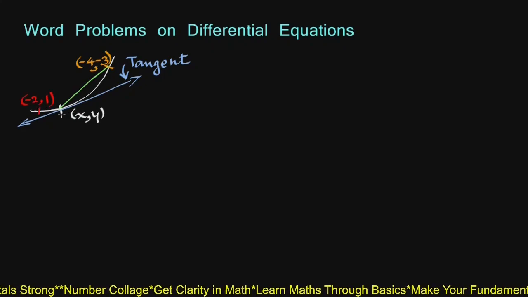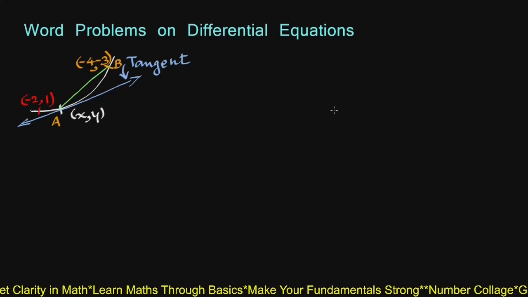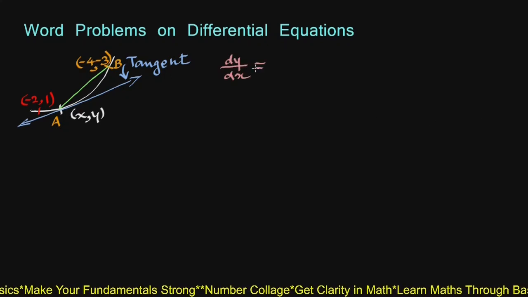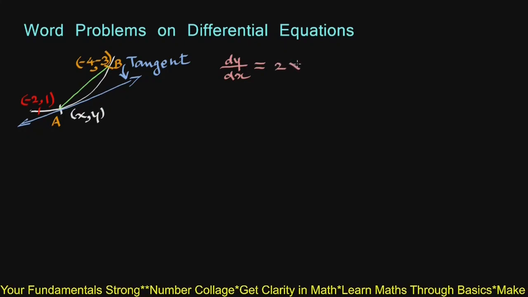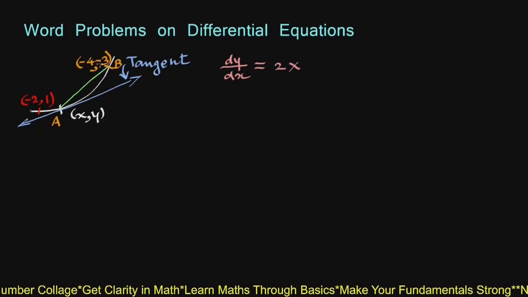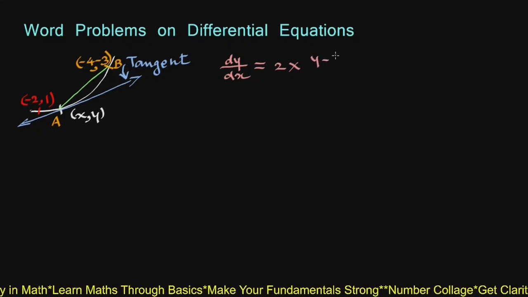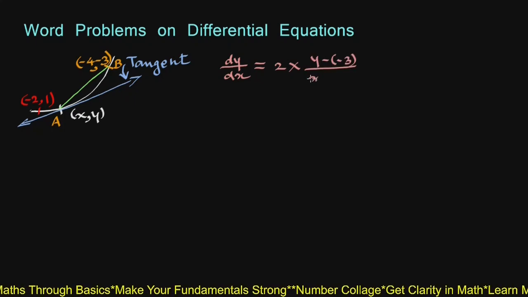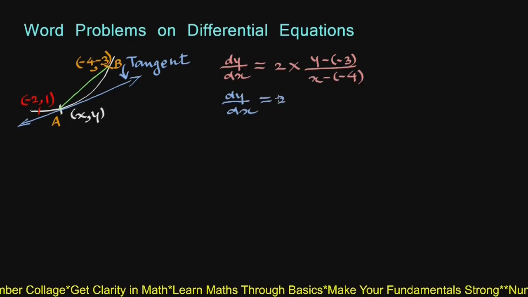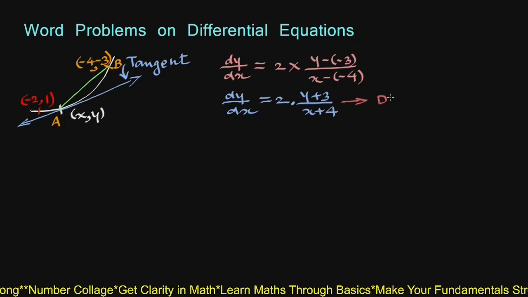We name point (x, y) A and point (minus 4, minus 3) B. Now it is given that the slope of the tangent, which is dy by dx, is equal to 2 times the slope of the segment joining (x, y) and (minus 4, minus 3), which will be the difference between y coordinates, that is y minus minus 3 upon x minus minus 4. So this will be dy by dx equals 2 (y plus 3) upon (x plus 4).